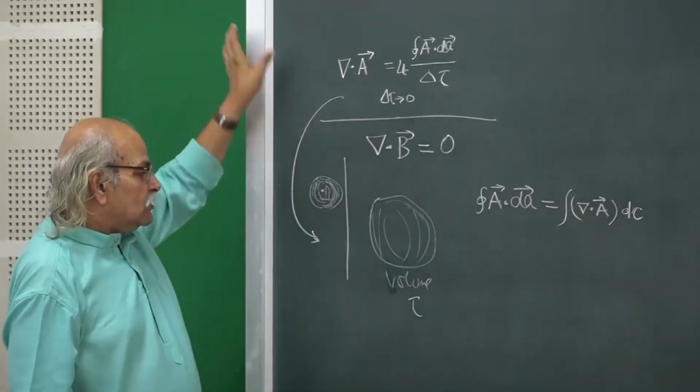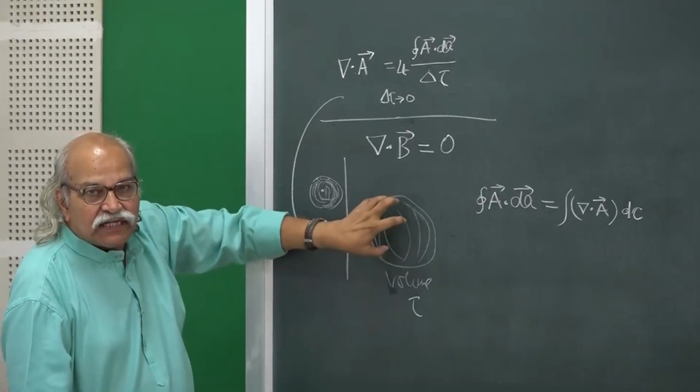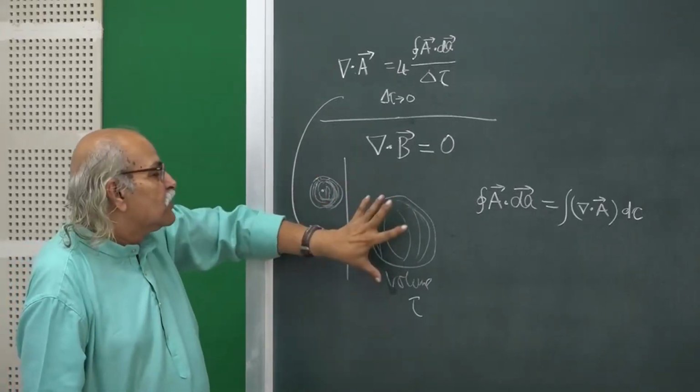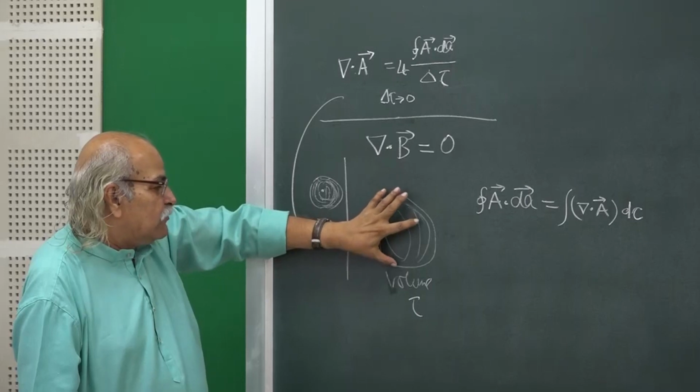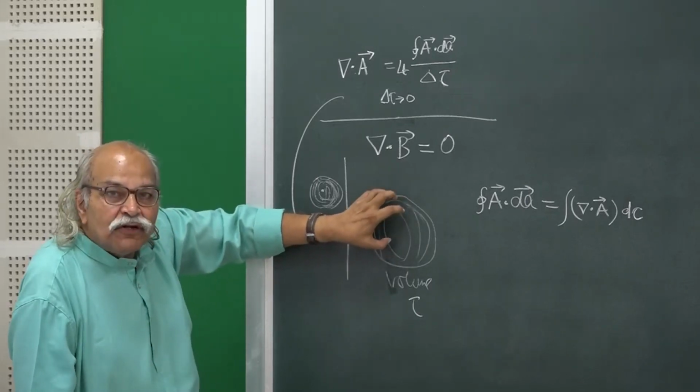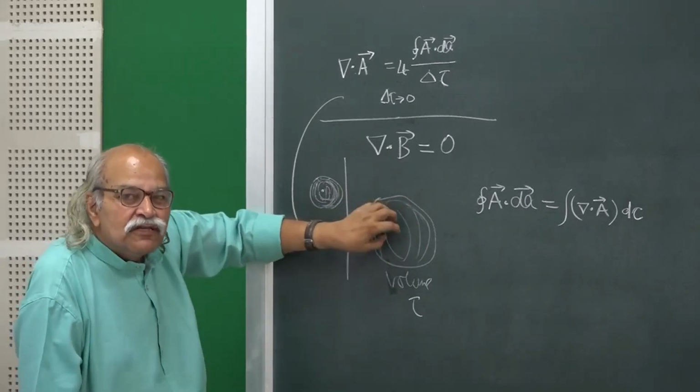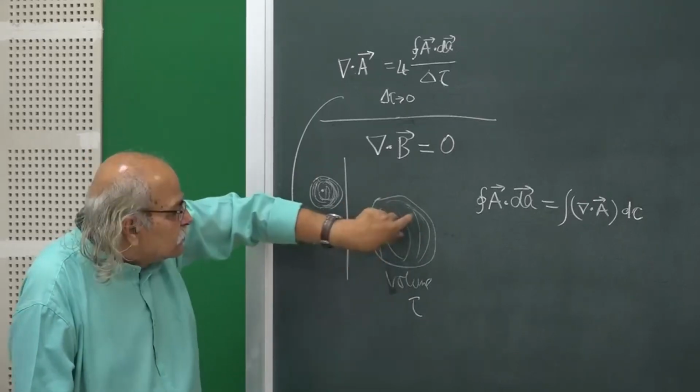So, now you have a finite size, not infinitesimally small, but a sizable volume, and in that volume also you can take a small d tau.